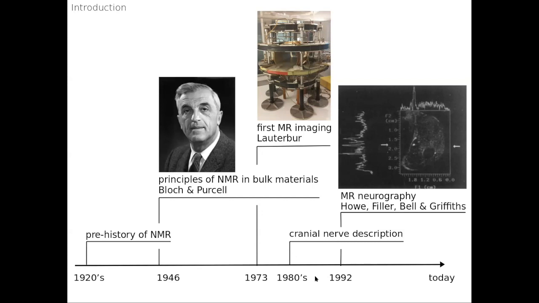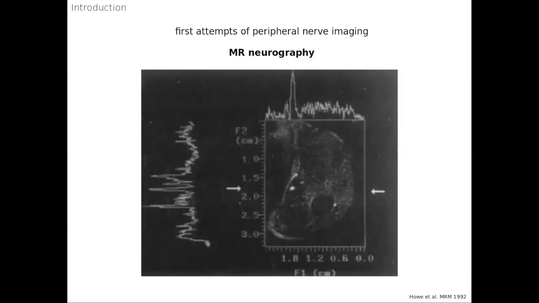But it's only in 1992 that the term MR neurography was introduced by Howe et al. The term MR neurography refers to tuning the sequences in such a way that we have a better contrast of the peripheral nerve and can visualize the peripheral nerves.